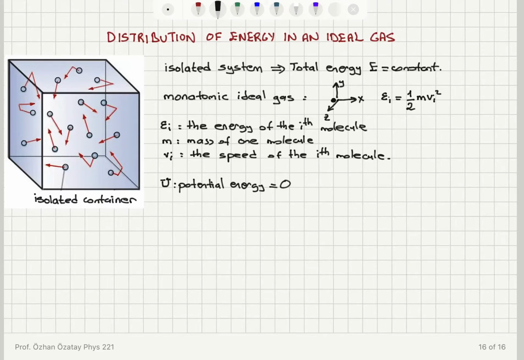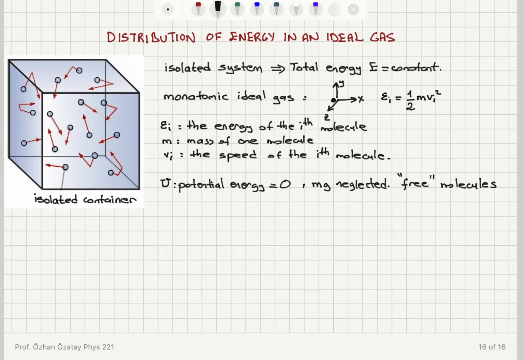Okay, so mg I'm going to neglect. So therefore I have free molecules. So remember, this was our assumption. They are not under the influence of any potential energy. So therefore, the only contribution to the total energy is the kinetic energy of the molecules.